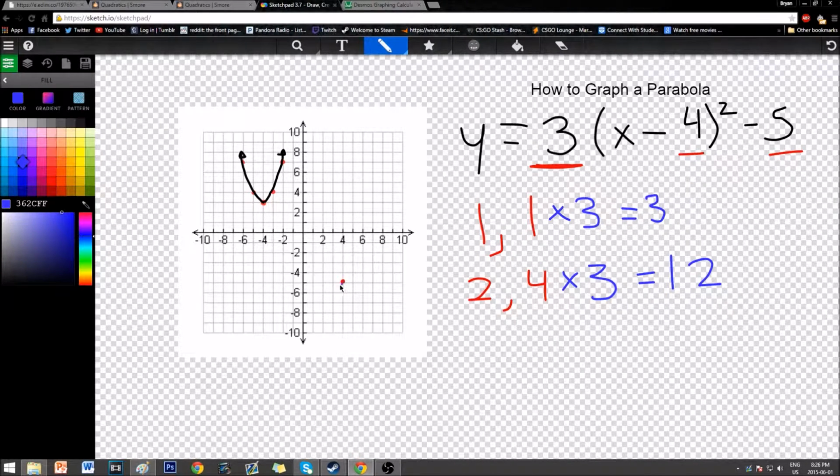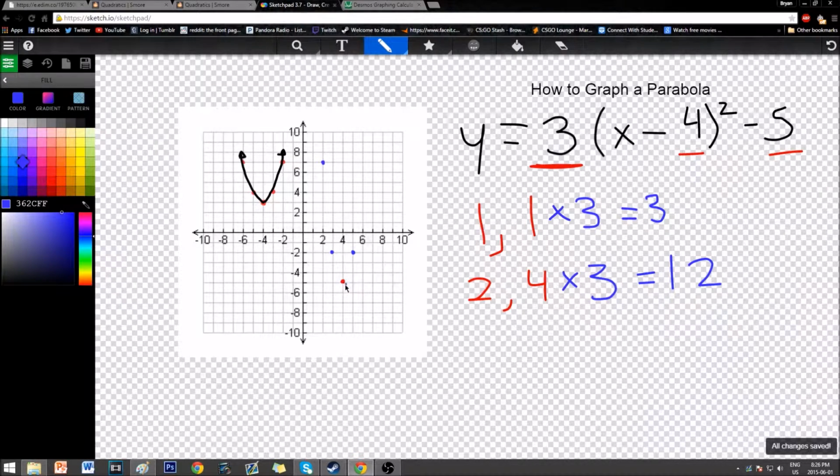So over 1, up 3, so 1, 2, 3, and then over 1, up 3 again. And then next we're going to do over 2, and then up 12, counting 1, 2, 3, 4, 5, 6, 7, 8, 9, 10, 11, 12, so right there.